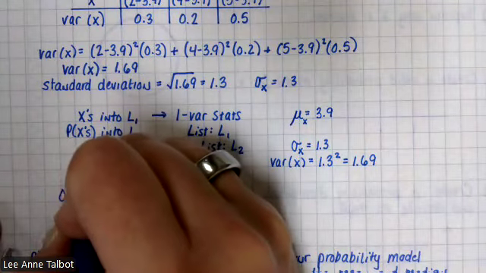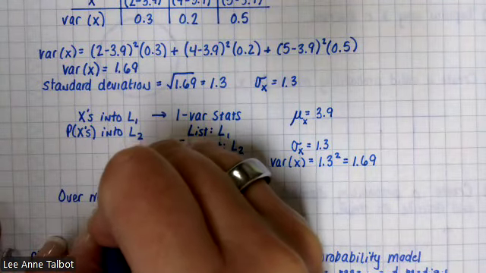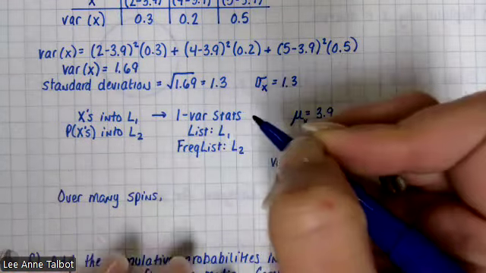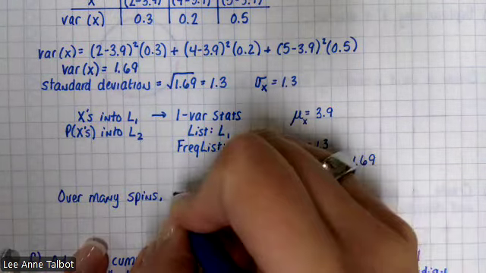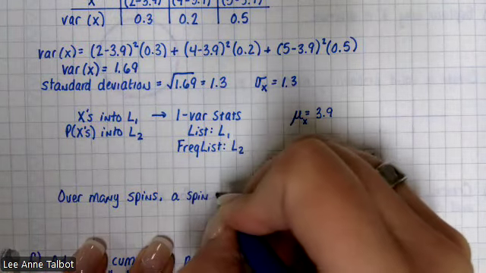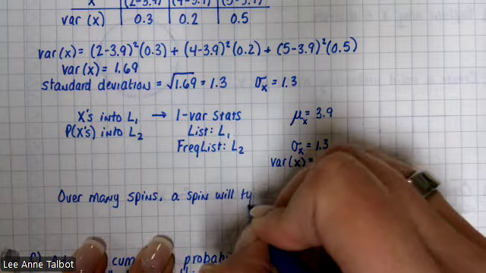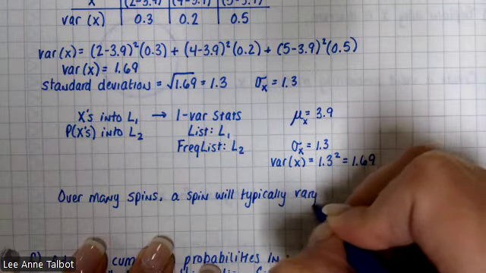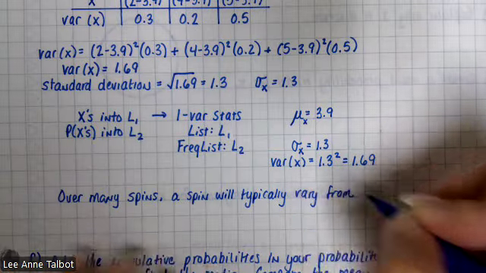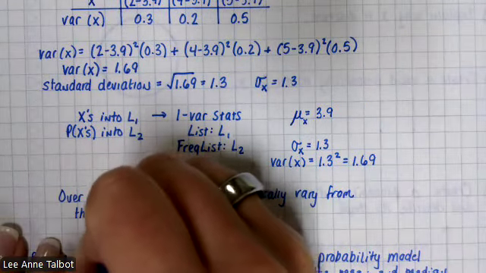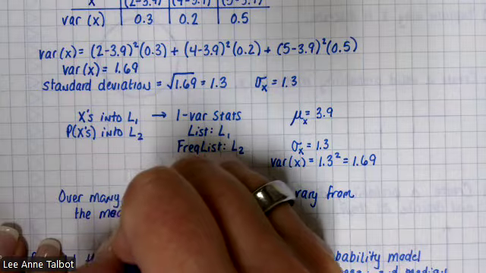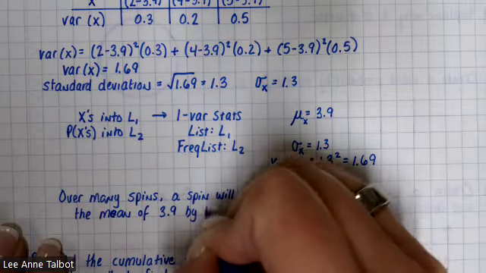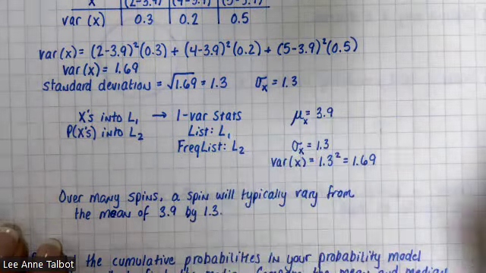Over many spins, a spin will typically vary from the mean of 3.9 by 1.3.